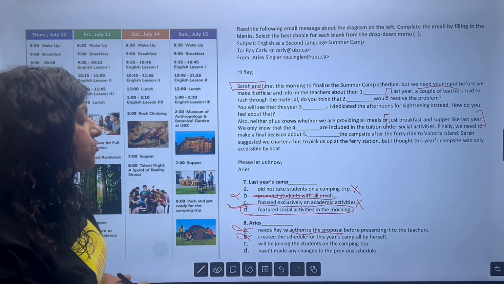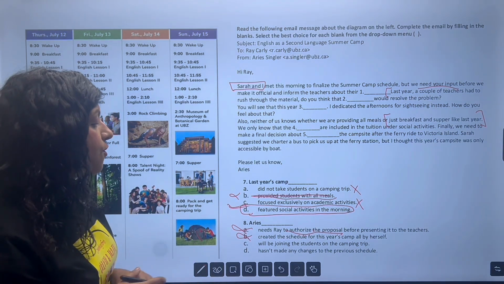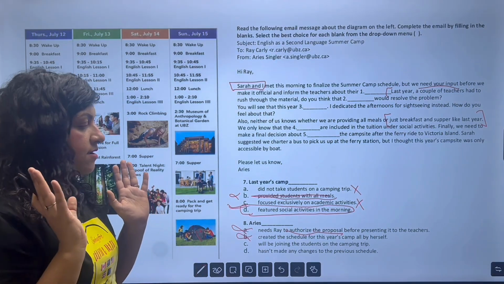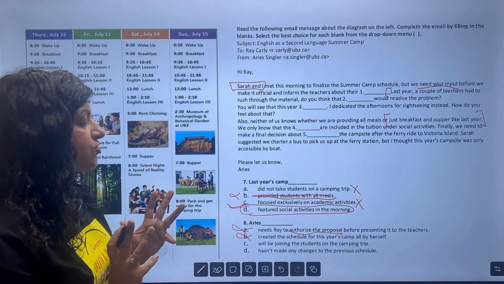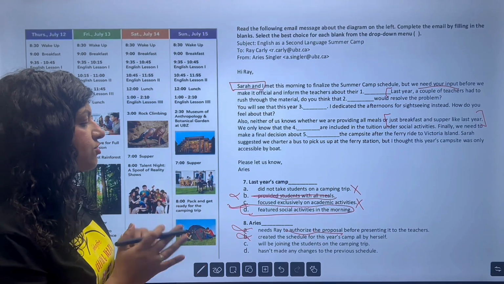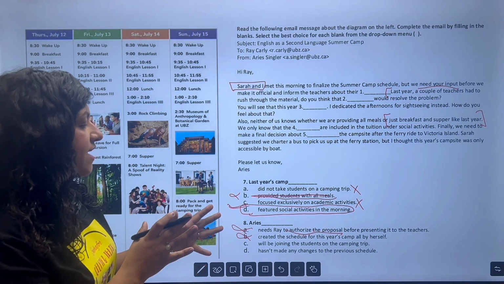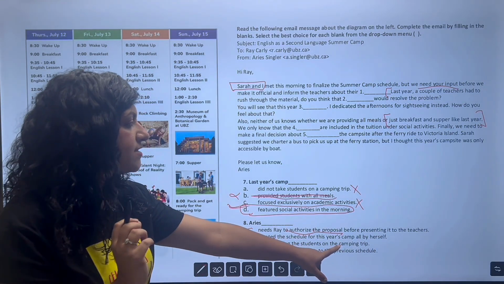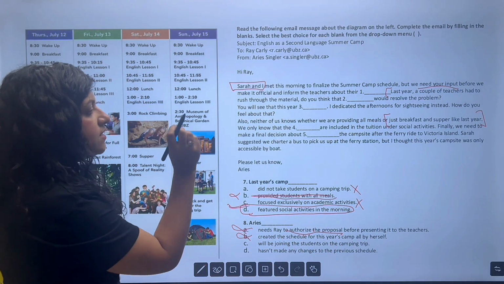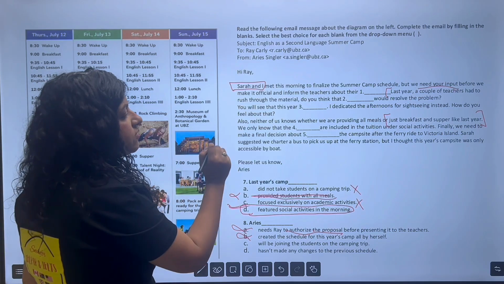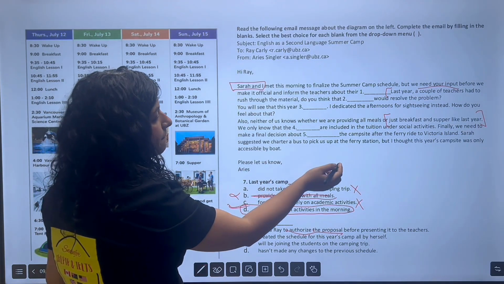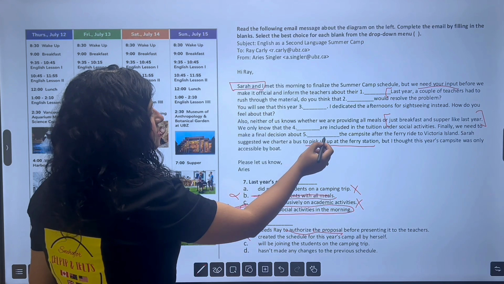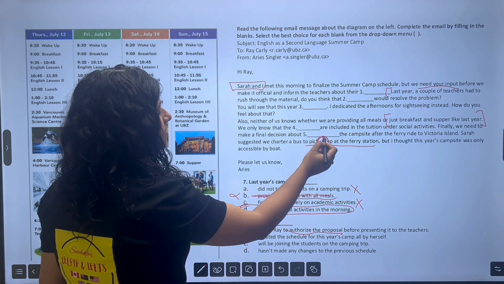Will be joining the students on the camping trip, or hasn't made any changes to the previous schedule. Now this thing, will be joining the students on the camping trip. If I look at C, she clearly said that Sarah suggested we charter a bus to pick us up at the ferry station. Us, right?